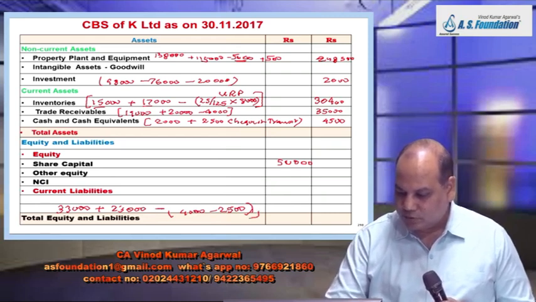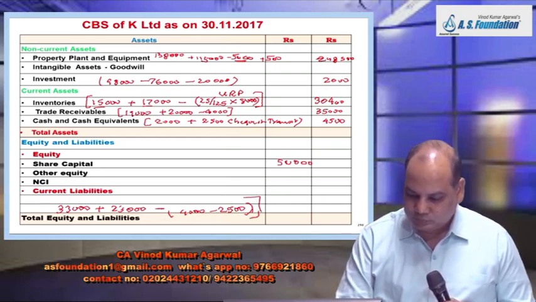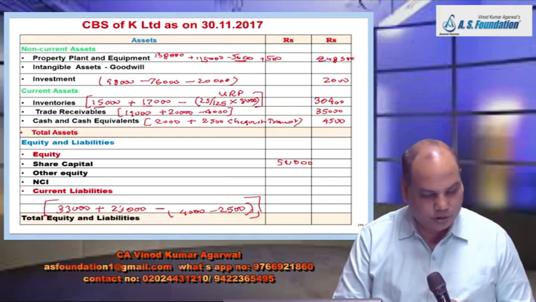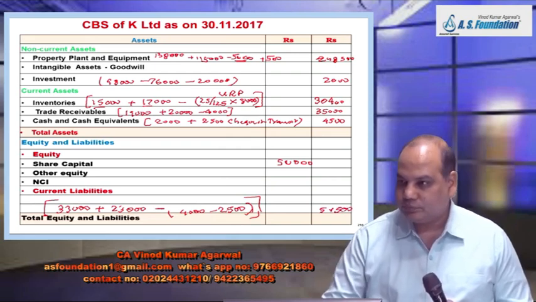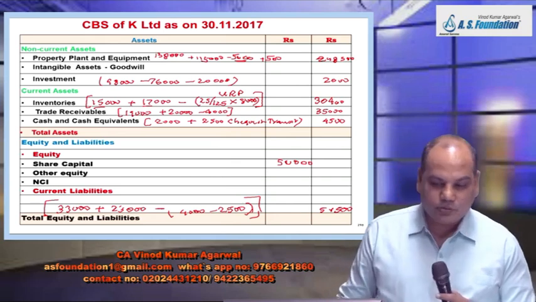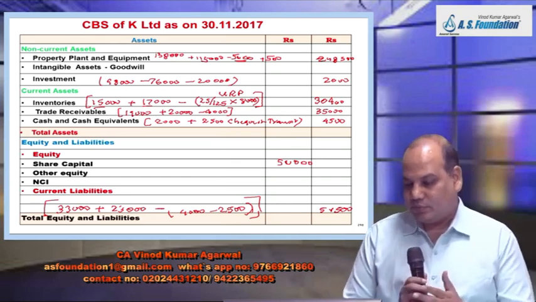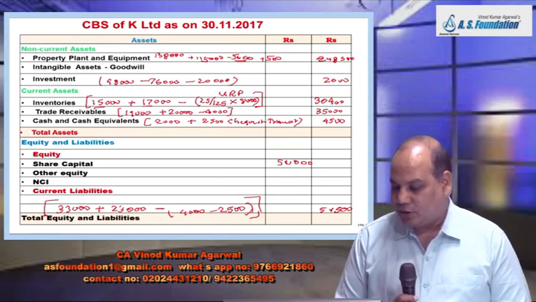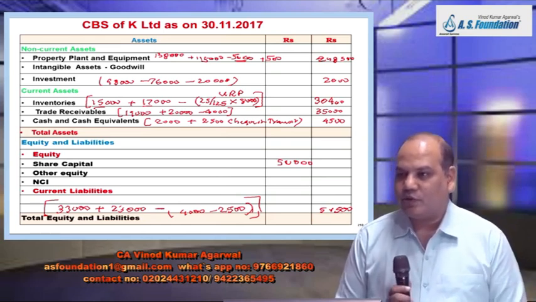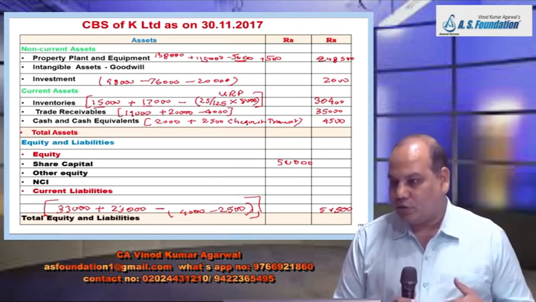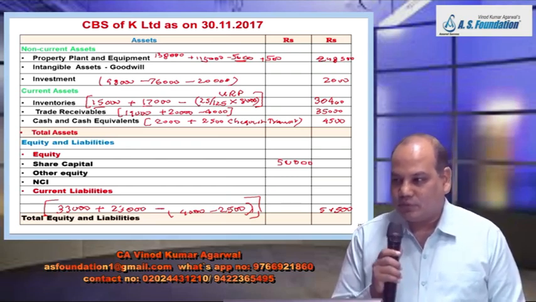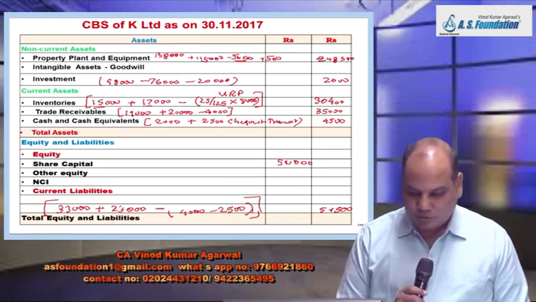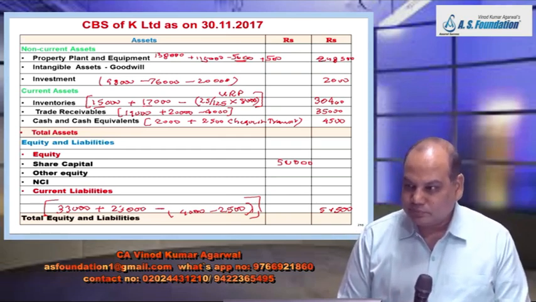So the net effect is, how much is the net effect? 54? 54,500? 33,000 plus 23,000 minus 1,500. Why 1,500? 4,000 one party is showing receivable, and you have already sent a check of 2,500. So you have to pay only 1,500 to the other party. Okay. Balance sheet items are over.